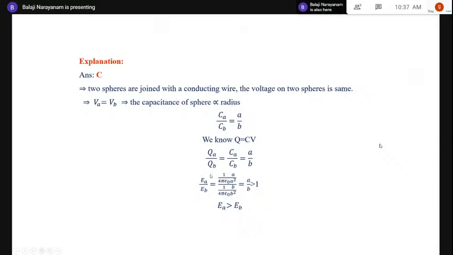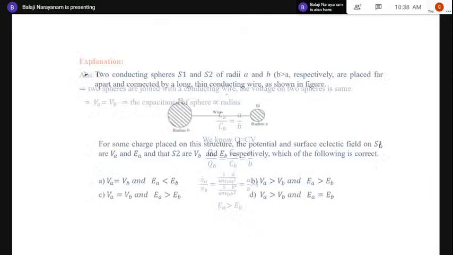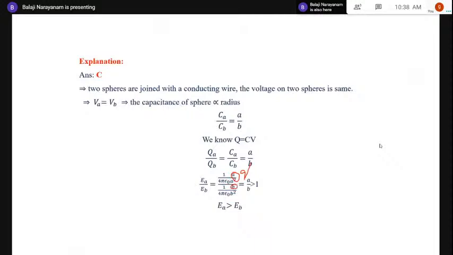Now we may find the electric field intensity on sphere A, and similarly on B, using the equation 1 by 4 pi epsilon Q by A square and 1 by 4 pi epsilon Q by B square, the charge Q being the same. Here you need to take care that this is the charge.